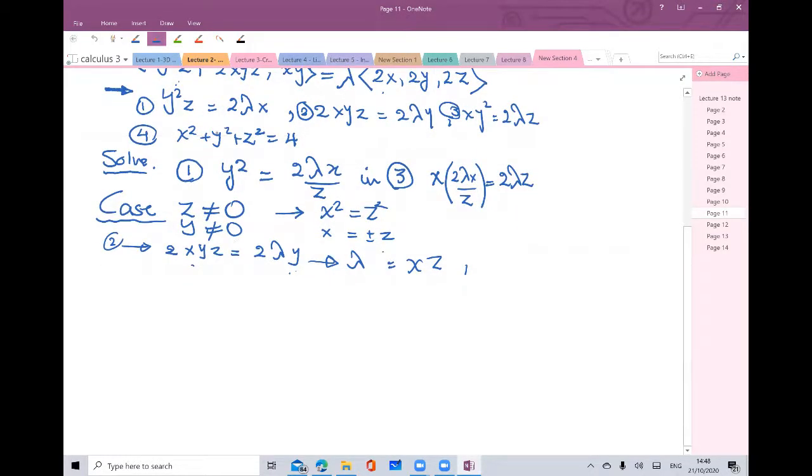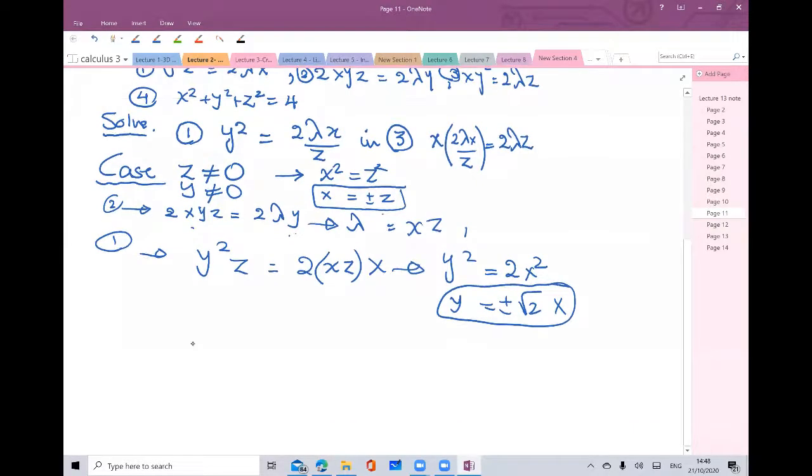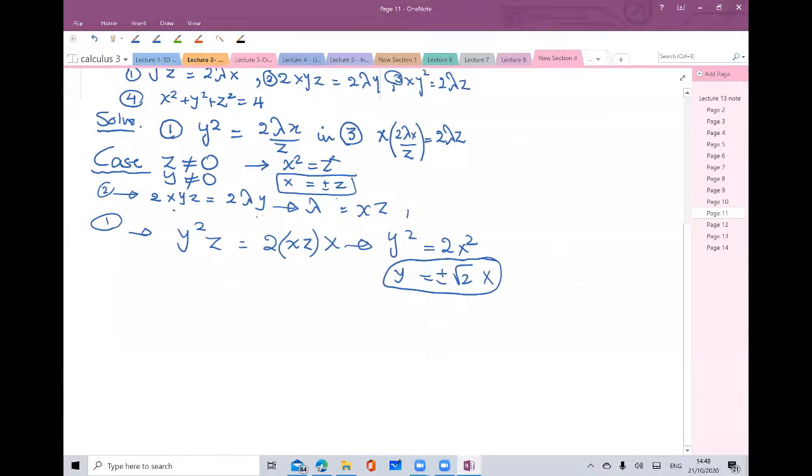We found lambda is xz and said we'd plug this in equation 1. So y squared z equals 2xz, that's lambda times z times x. What does it give me here? y squared is 2x squared, so y is plus or minus root 2 times x. So this is another relation. If I have this relation and this one, I found x is related to z, and y is related to x.